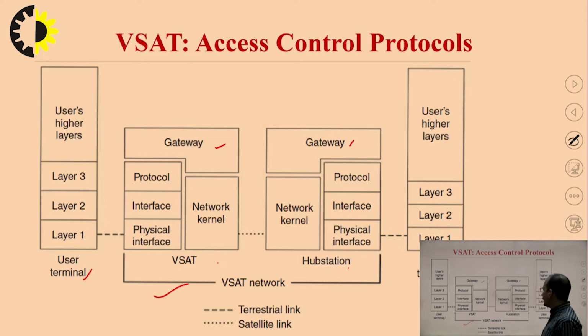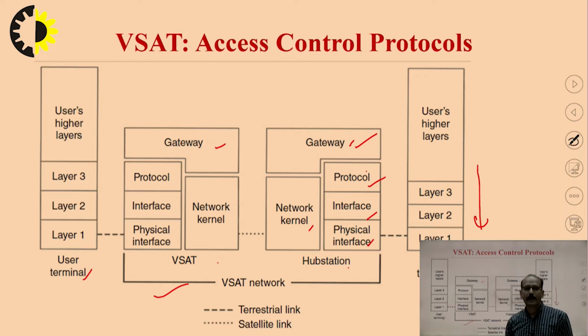So you can see that this hub station is collecting the data from the terrestrial end, and that is coming through these layers. As you all know, for organizing all the areas and all the access points, these various protocols are going to help, such as gateway protocol, network kernel, protocol interface and physical interface.